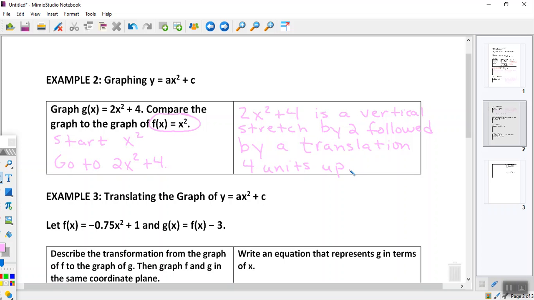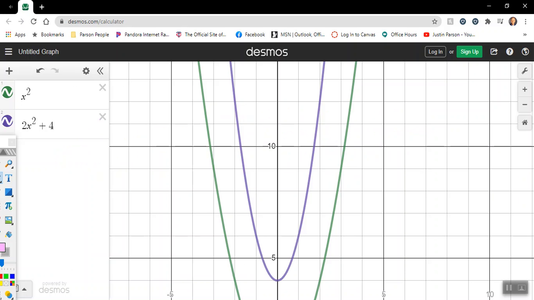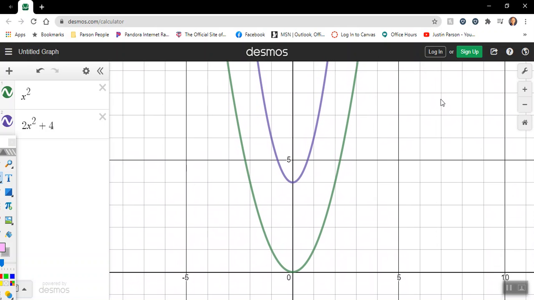Characteristics of the graph here, if I look at this. Could you identify the vertex of both graphs? Would you be able to identify the vertex of both graphs? Yes. Would you be able to identify where the line of symmetry is? Yes. What is the line of symmetry? X equals what value here? 0. Okay, x equals 0 right there.